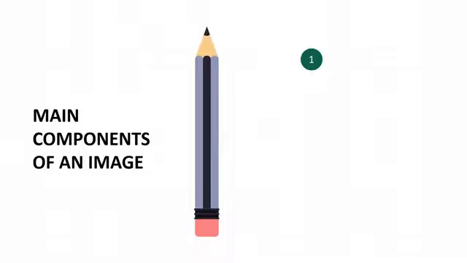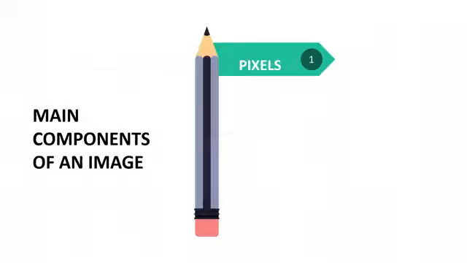Very next thing is the main components of an image that everyone must know. Very first thing is pixels. Pixels are nothing but picture elements. From "picture", pic is taken, and from "elements", the first 2 letters are taken: pic, el, nothing but pixel.